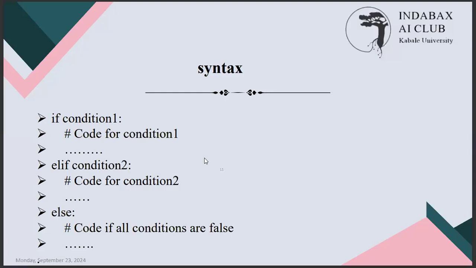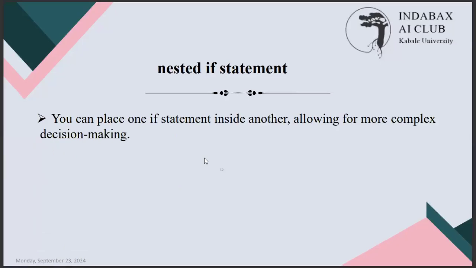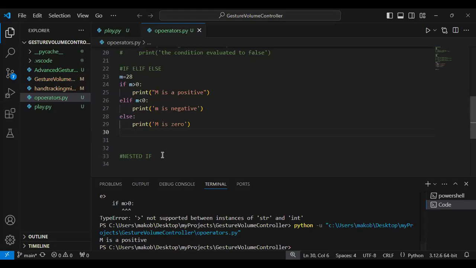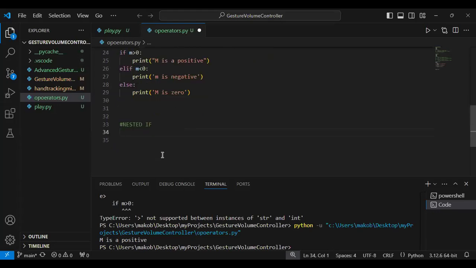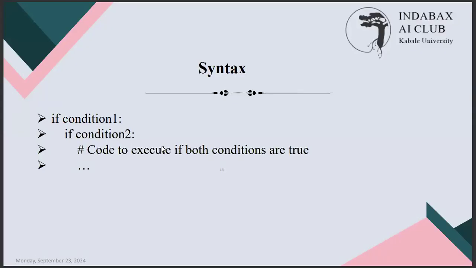Okay, let's jump into something else. Nested if. You can place an if statement inside another, allowing for more complex decision making. Here is the syntax: you have a condition 1, and then inside the block of condition 1, you insert another if statement with the second condition.